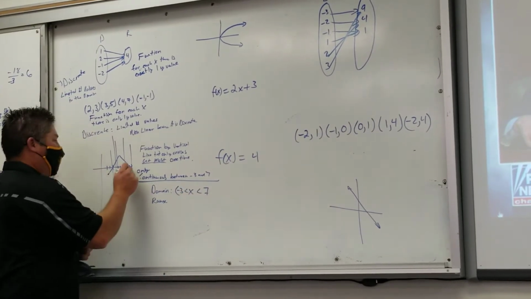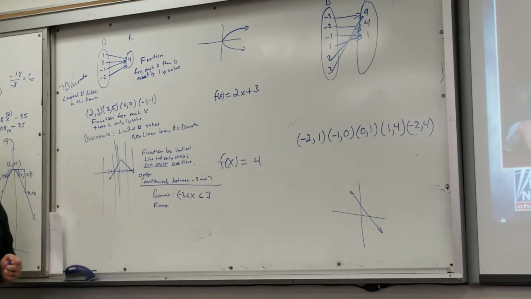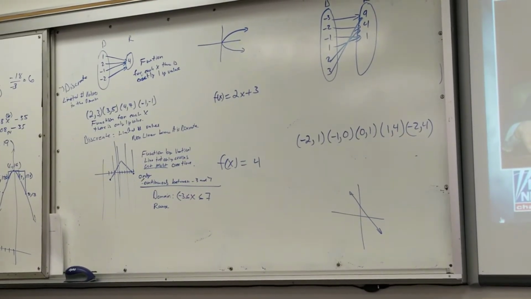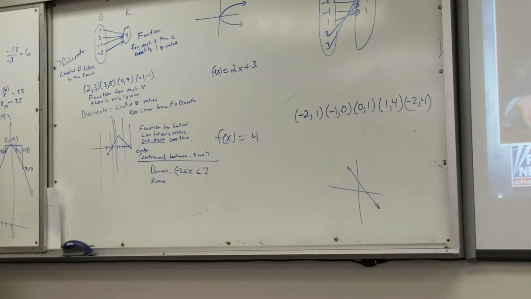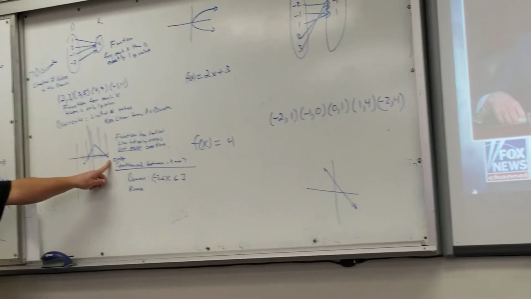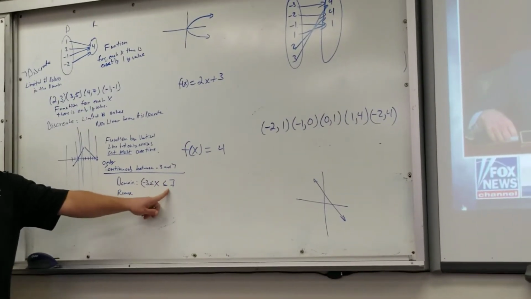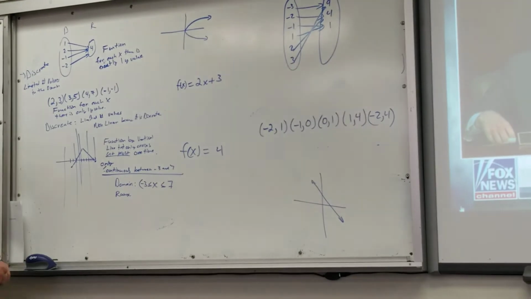Now because we're hitting those points and we filled it in, we're also going to say equal to. Okay? Does everybody understand domain then? It's the possible values of x. It can go anywhere from -3 over to 7. X has to be greater than or equal to -3 and less than or equal to 7. So that is our domain.